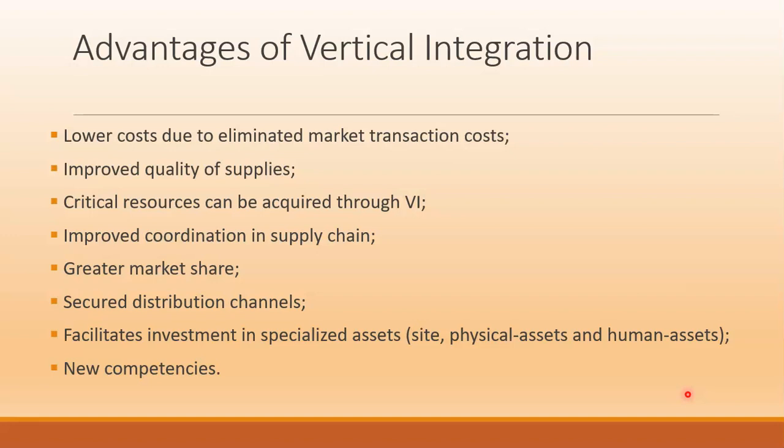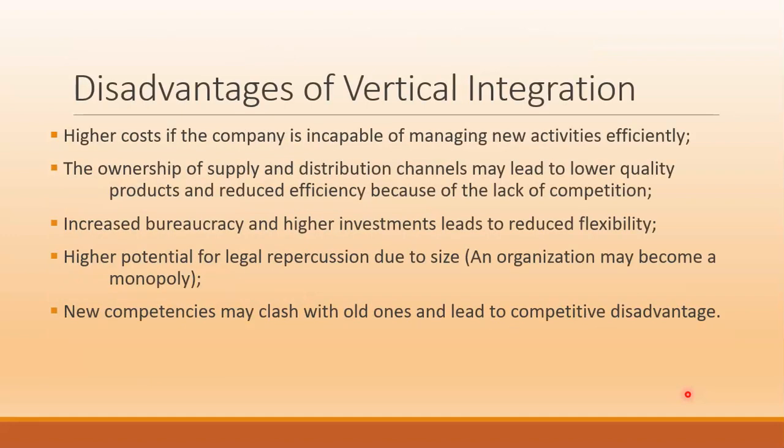They would have greater market share because companies integrate to have more market power. Then they would have secured distribution channel, and also it facilitates investment in specialized areas like the site and physical assets and human assets. And also vertically integrating helps the firm to develop new competencies.